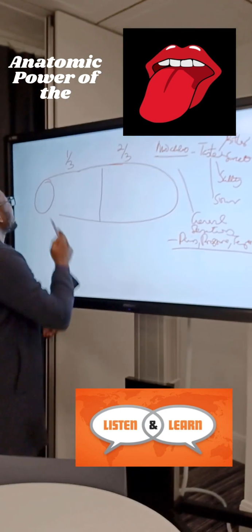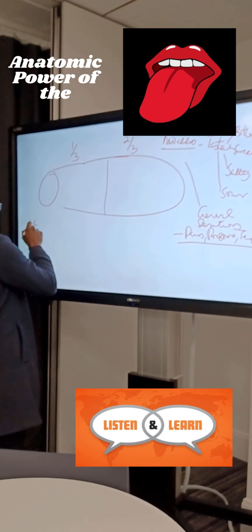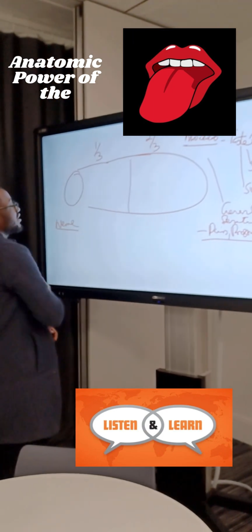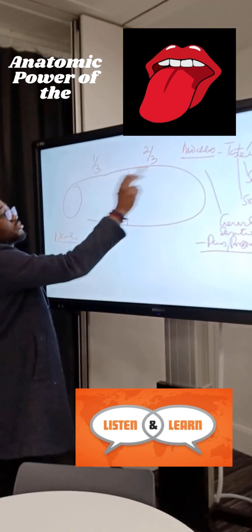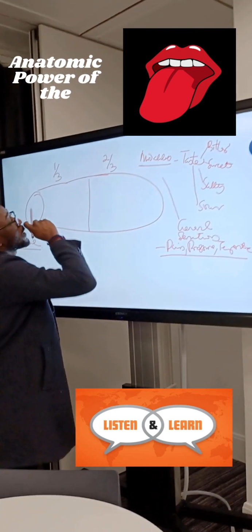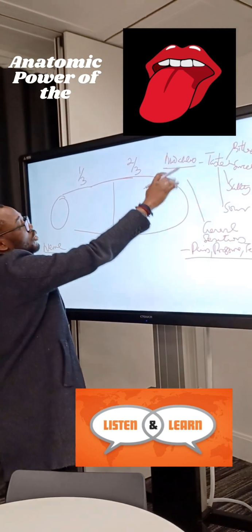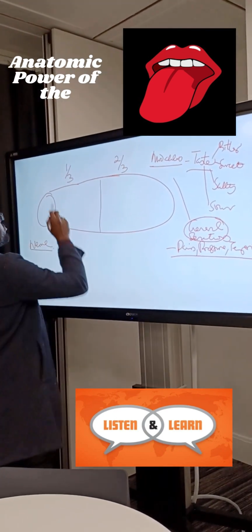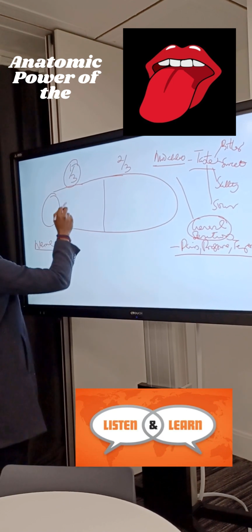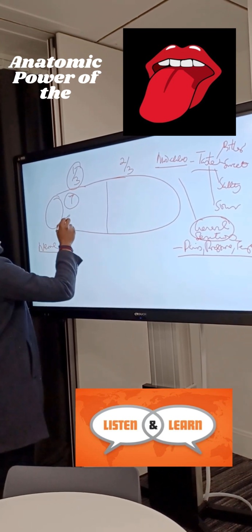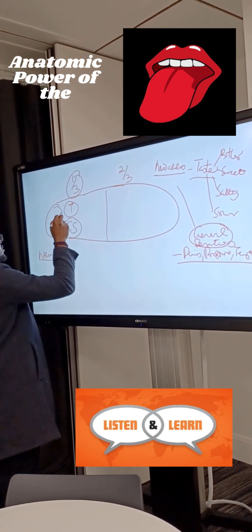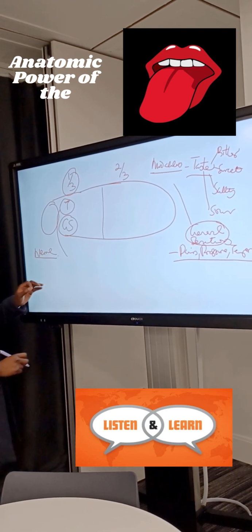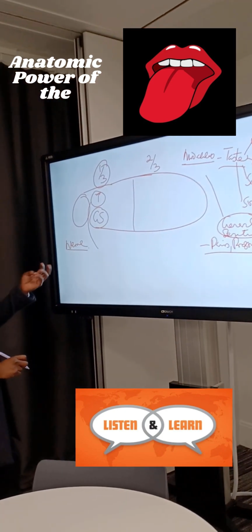So now let's look at the nerve supply. Now, the interesting thing about the tongue is, if you remember the modalities, taste and general sensation. Posteriorly, taste and general sensation is dealt with by the glossopharyngeal nerve.